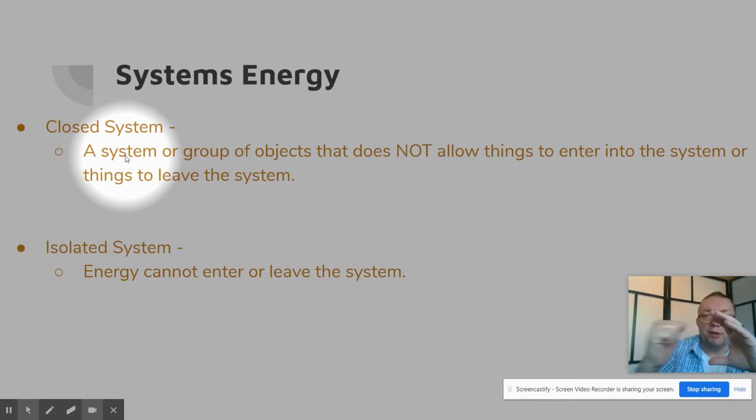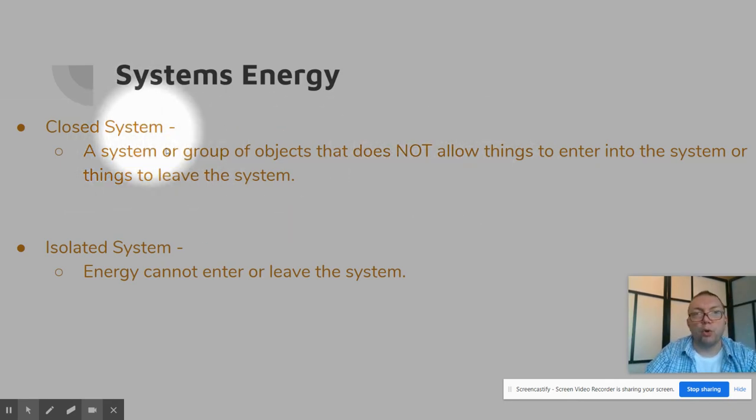No object can enter into our system and putz with stuff. None of our system leaves the system and putzes with other things outside of our system. Everything is inside. That's it. Nothing else. No other things go in or out of our system. That's a closed system. An isolated system means that energy cannot enter or leave the system.